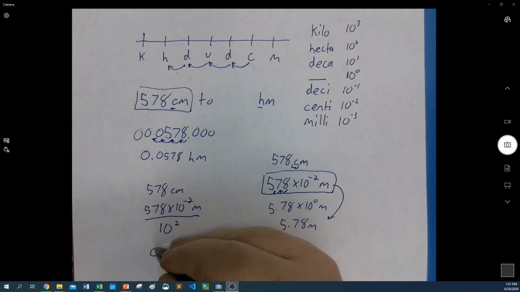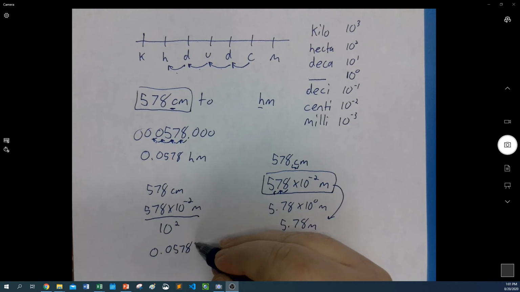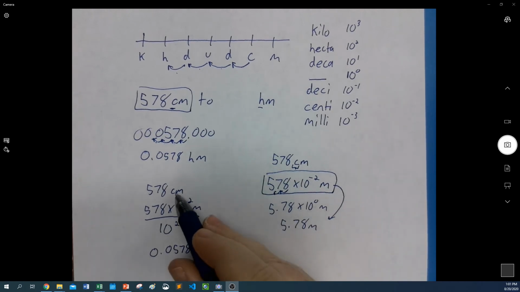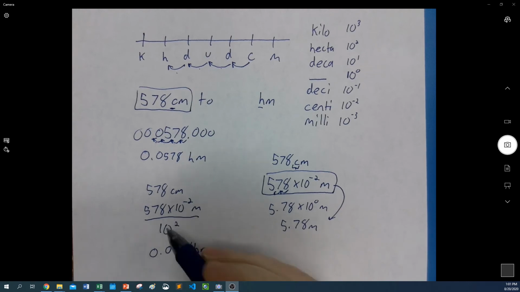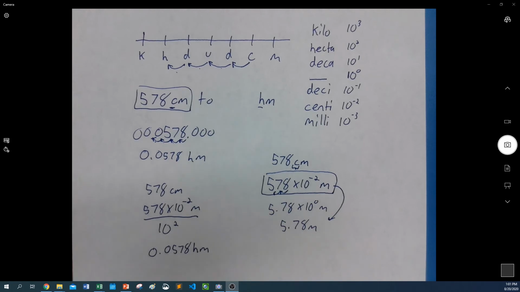I get 0.0578 hectometers. So I rewrite it in this form, and then divide by whatever I needed to convert to. But doing this, you have to understand why I'm dividing, and I can't really explain it other than by instinct.